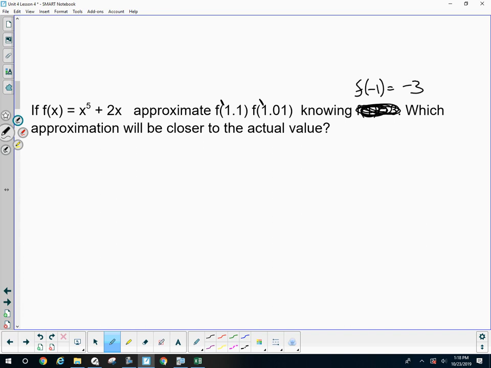Now, let's approximate f of negative 1.1 and f of negative 1.01. Go ahead. You will need an equation of a tangent line to approximate these seemingly very, very difficult things to do.